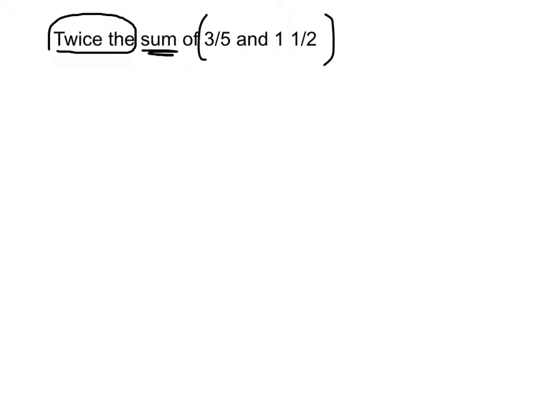So as I break that down, twice is again 2 times, the sum is adding 3/5 plus 1 1/2. So now I have here twice the sum of 3/5 and 1 1/2.